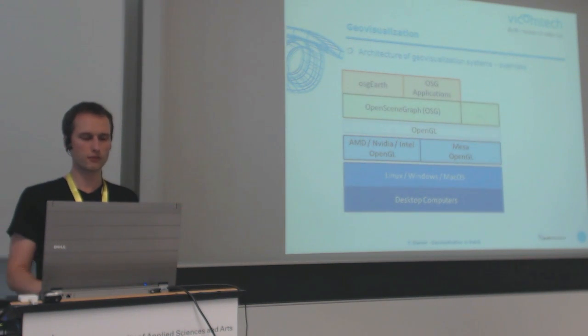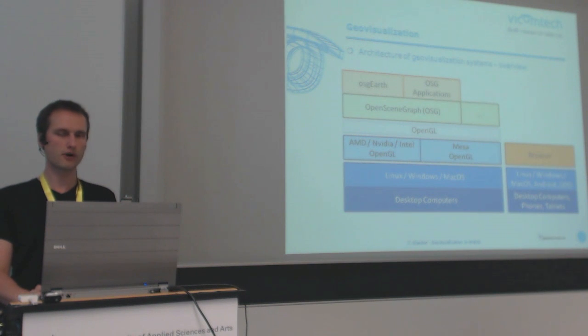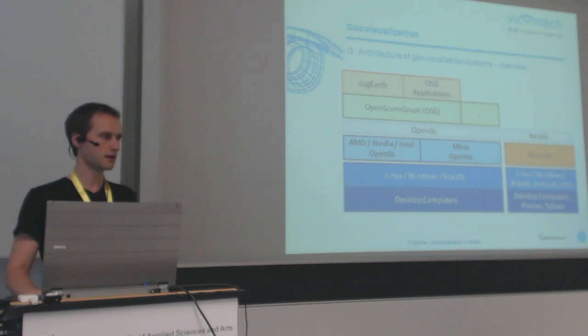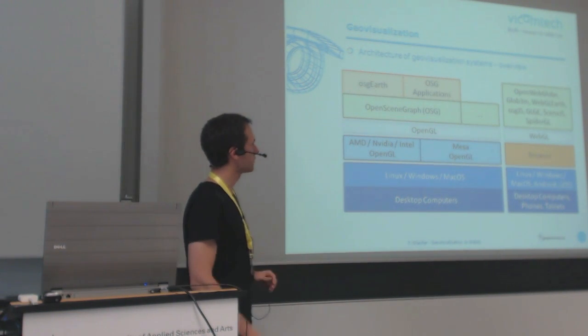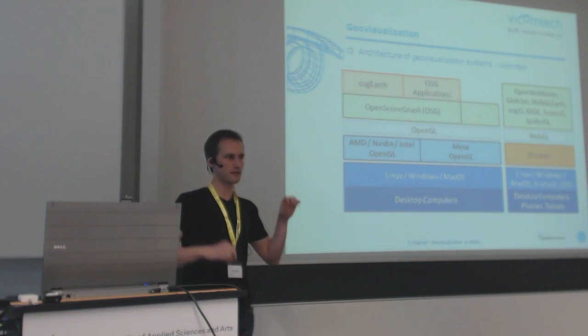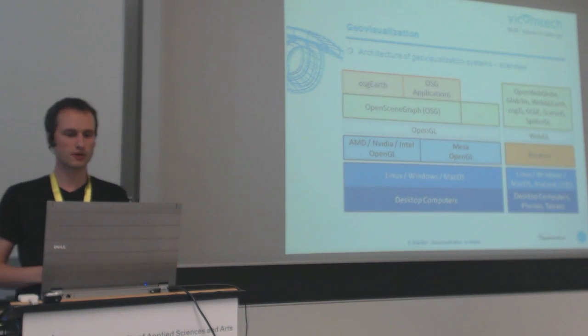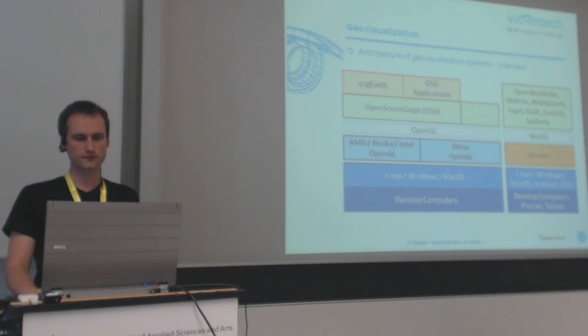But this is the desktop world, and in parallel we have the browser world, which now supports 3D applications through WebGL, and we have a lot of frameworks coming out right now. We've seen some great demos this morning also, but these worlds are quite separated.